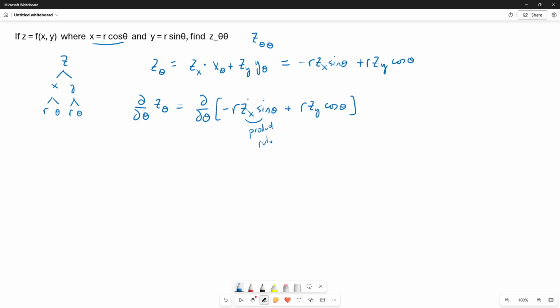So we're going to have to use the chain rule on z sub x, and we're going to have to use the product rule on the product. And the same exact thing happens here. This is a product of two functions of theta, so we need a product rule, and z sub y is a function of theta, and that requires the chain rule. So we're going to be using the chain rule within the product rule on this second derivative.